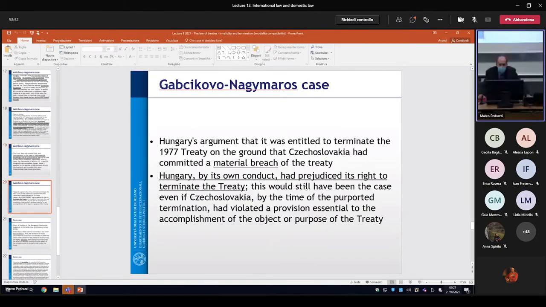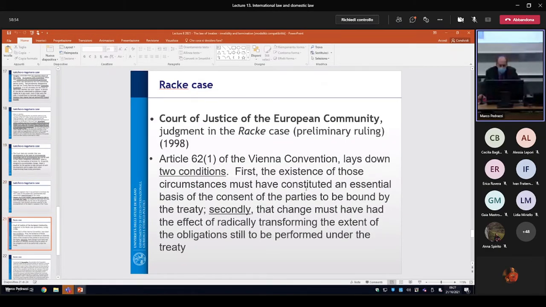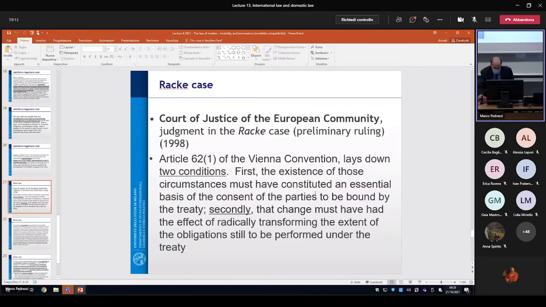Now let us come to the second case, the Racke case. This is a case decided by the Court of Justice of the European Community. Now, the Racke case concerned the fact that it was a preliminary ruling, so this is specific jurisdiction of the Court of Justice of the European Community.